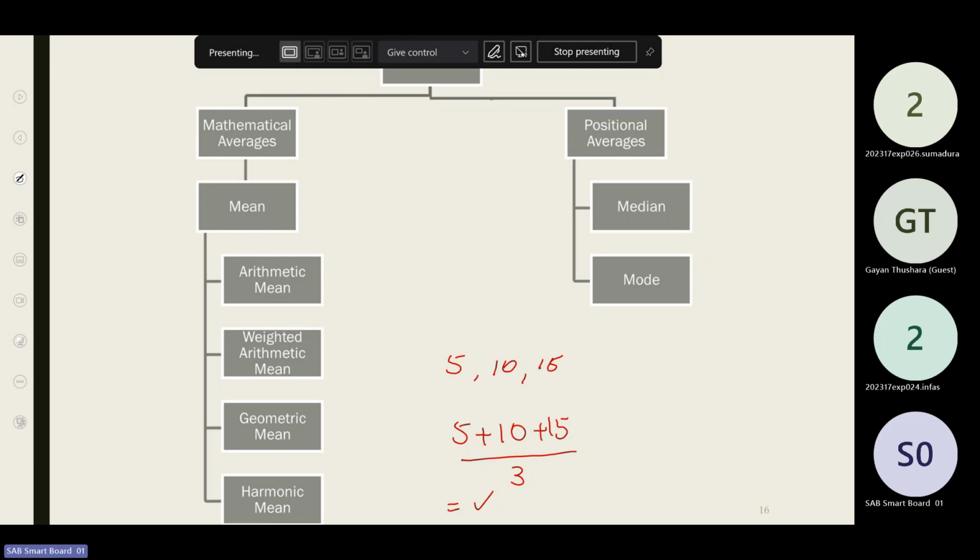So why do we need different types of averages? Now say you have some sales figures, say monthly sales figures. You want to find the average monthly sales. Then in that case, you can add all the sales, divide by the number of months, you get the answer. It's fine. That's a good value. But now say you have another instance, like you have a moving vehicle with different speeds.